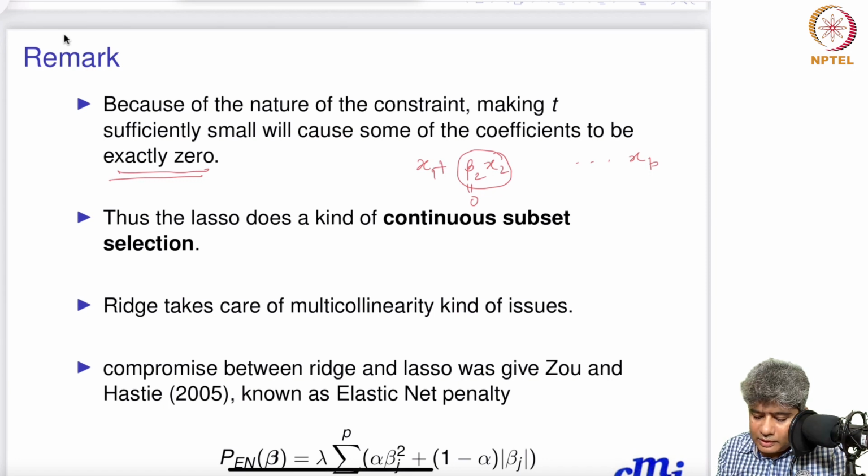So that's how it would be. That is why the lasso solution is like, you know, for stepwise variable selection, you are fitting each model, but here I am fitting only one model. Remember that I am fitting beta 1 x1, beta 2 x2, beta p xp.